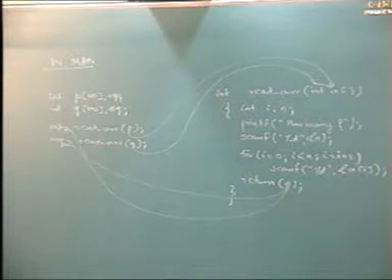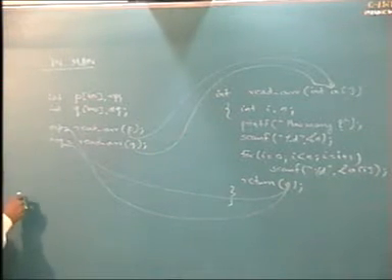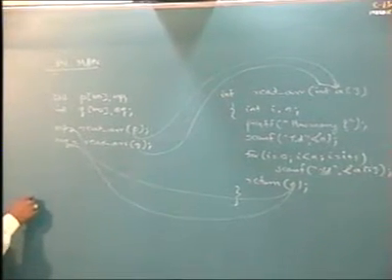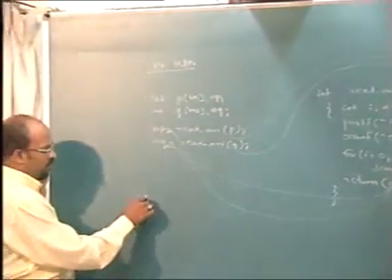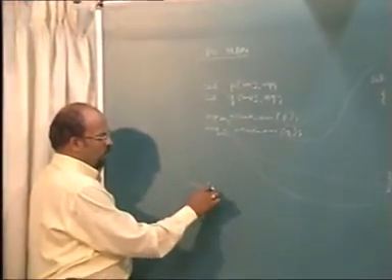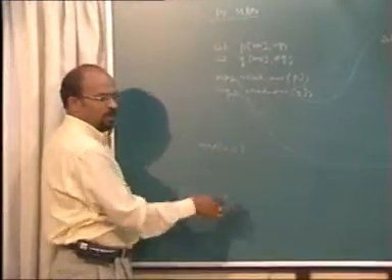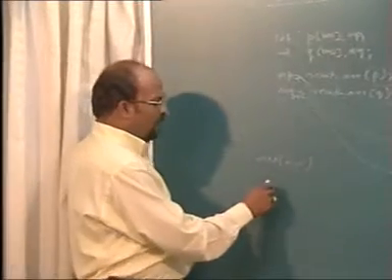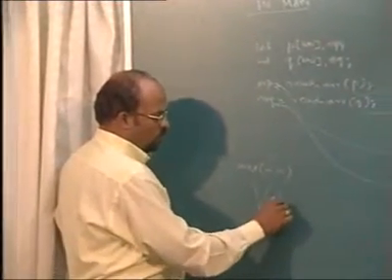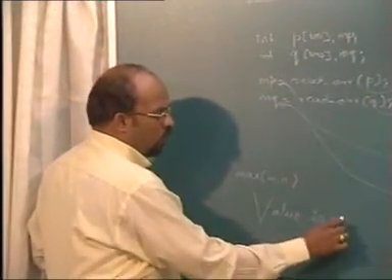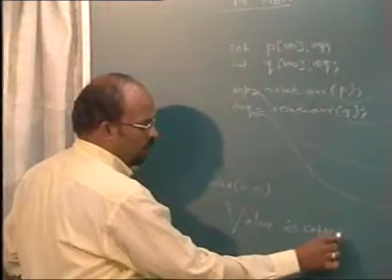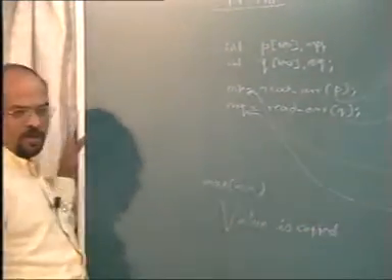Okay. Now what one has to understand is, when we called the earlier function, max m comma n or max a comma b, we were saying that the value is copied to the parameter.